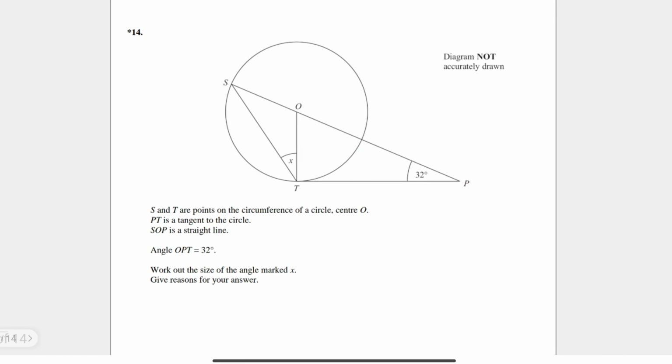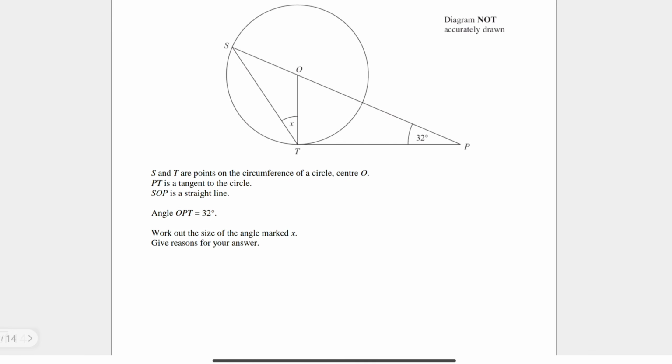The last question, but not the least. So we're asked to find X. This is very easy. Since P and T are points on the circumference of the circle, and PT is a tangent, this is a right angle.